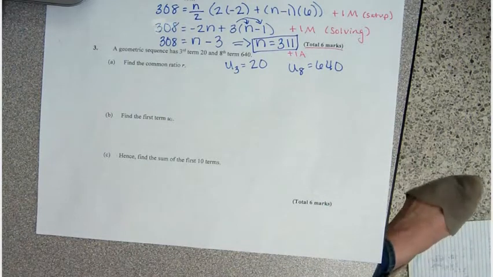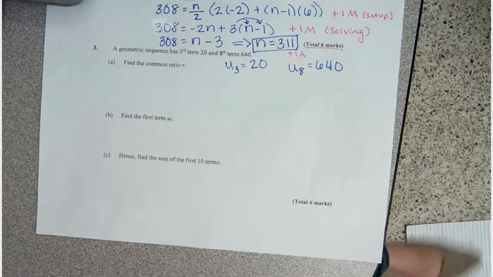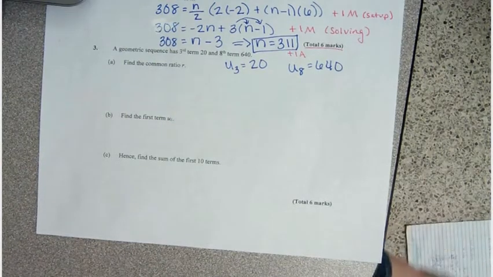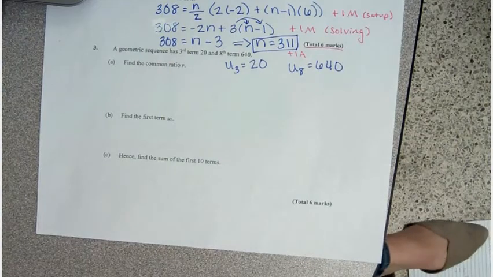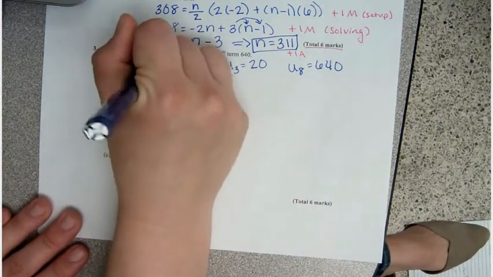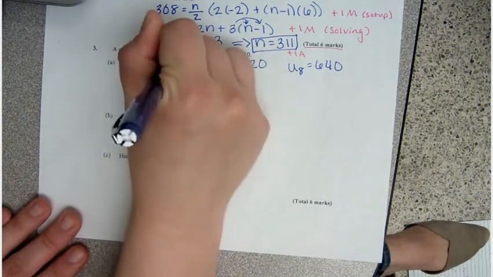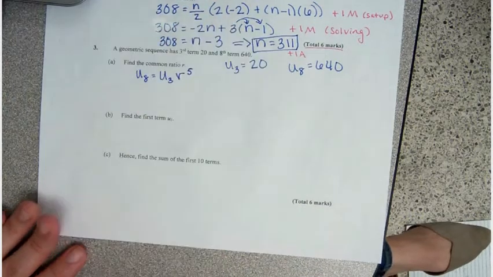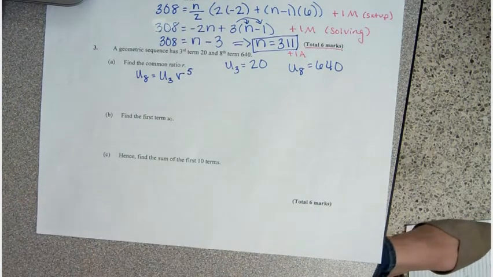So let's see. We don't have our first term, right? But we do know that U sub 8 should be equal to U sub 3 times R to the 5th power, because there are going to be 5 terms in between the 3rd and the 8th term.